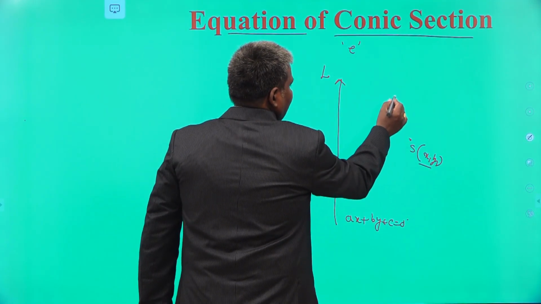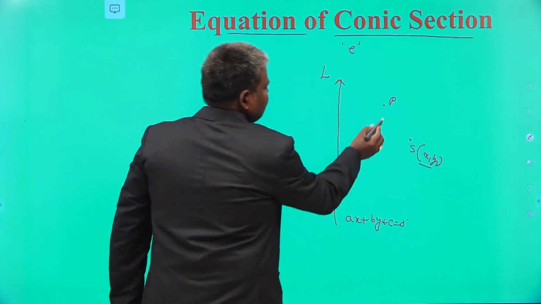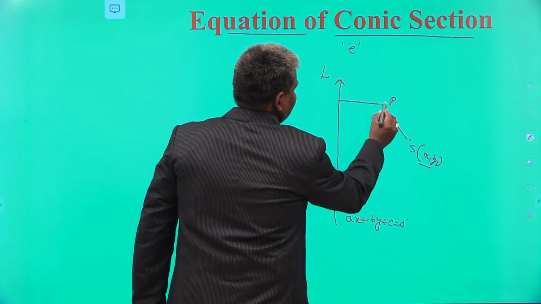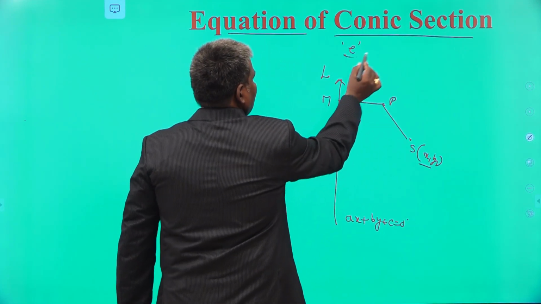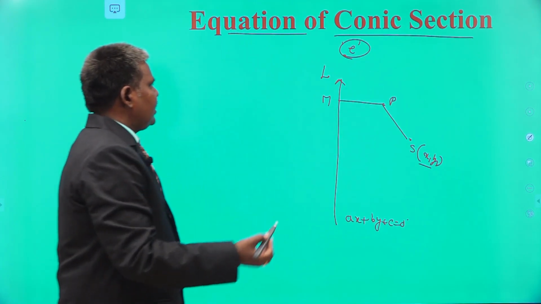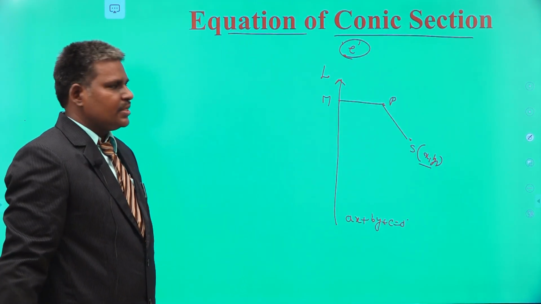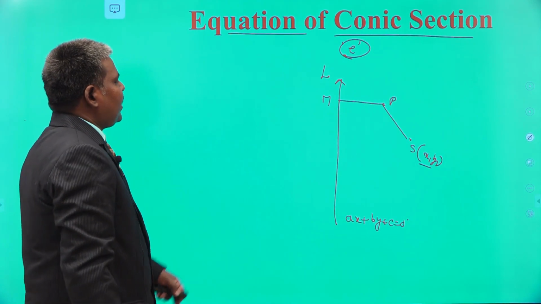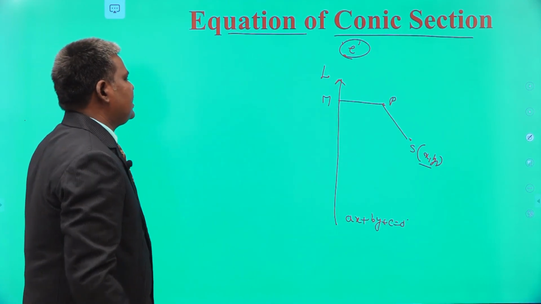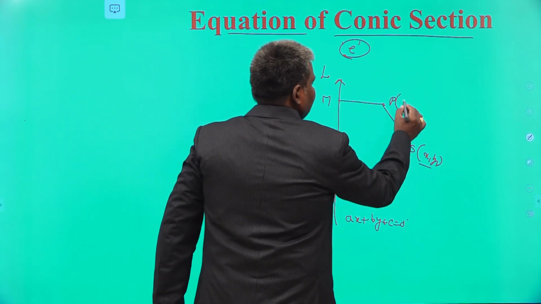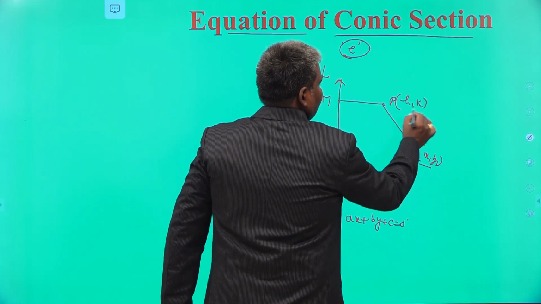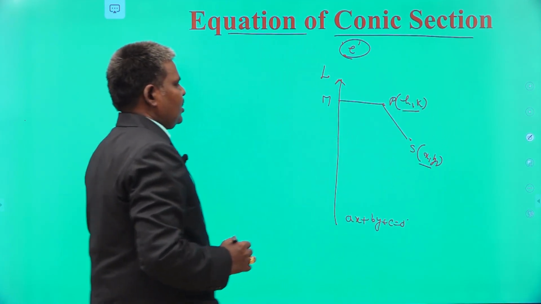The locus of a point which moves in the plane so that the ratio of SP and PM is always equal to E. Then we obtain the equation of the conic section. What is SP? The two-point distance. What is PM? The perpendicular distance. So for the sake of convenience, take some position of P with coordinates, say, (h, k).